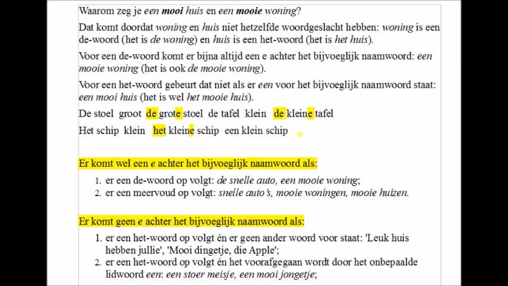Because "schip" is a het word, we don't put e here. This rule with e or without e, better to say when you don't add an e, is only when we use "een" with the word.